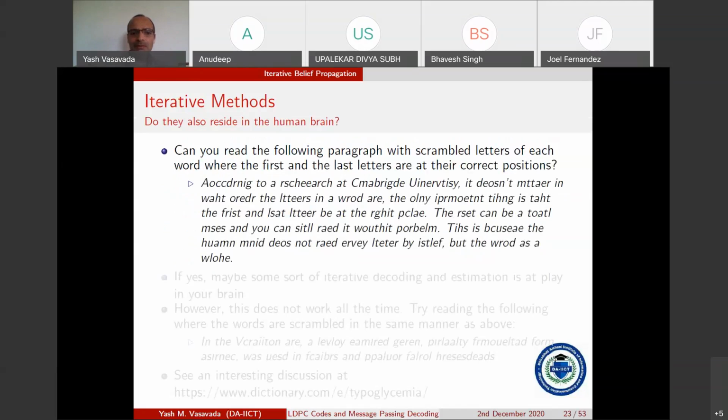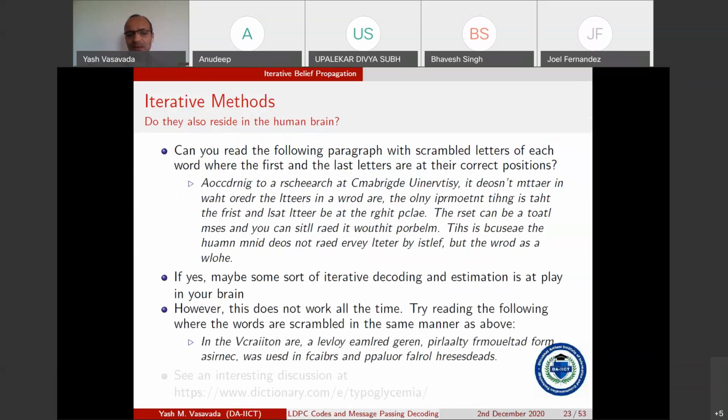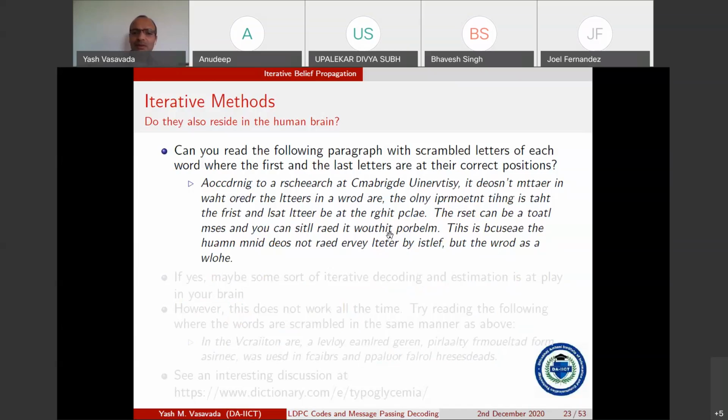Okay, so in the context of machine learning, these iterative belief propagation algorithms are also motivated. For example, this particular paragraph has a lot of spelling errors. But if you focus on this writing, you'll be able to read it, right? It is not very hard to make out what it says, according to research at Cambridge University and so on.